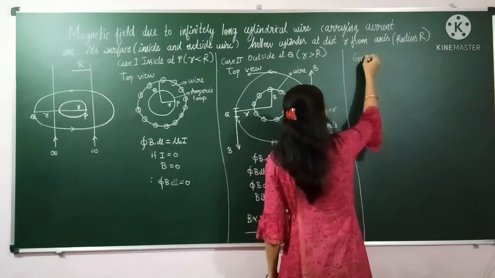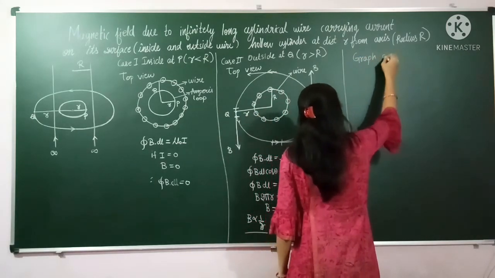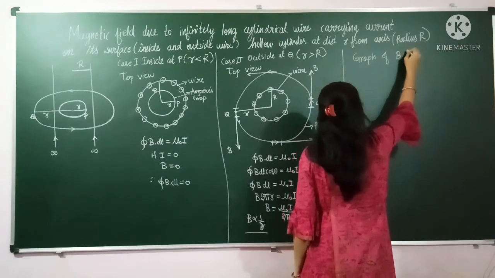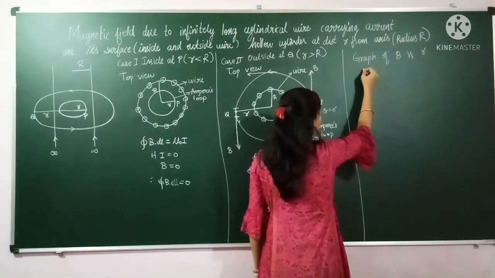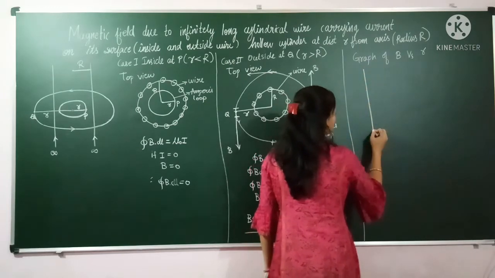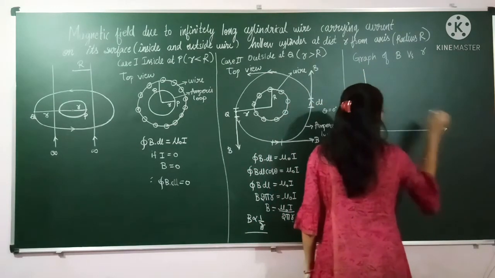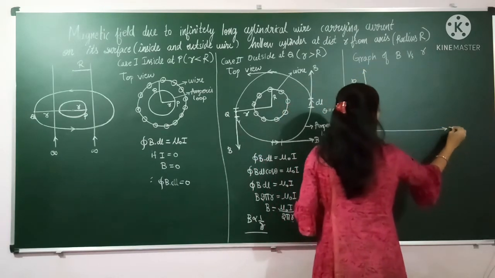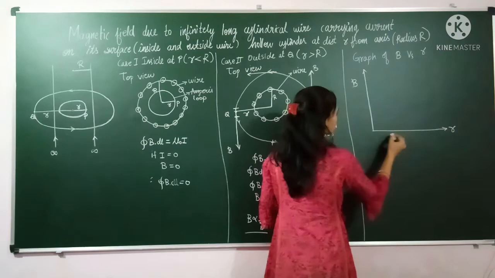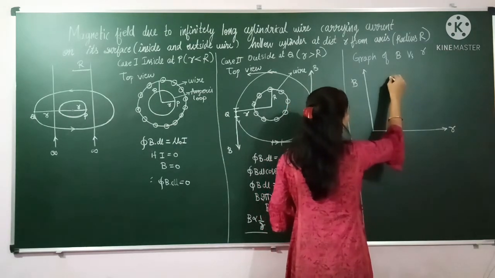Graph of magnetic field versus distance r. When you plot this graph, in this direction we will plot the magnetic field, and here we will plot the distance. Here at this point we will draw the cylinder.